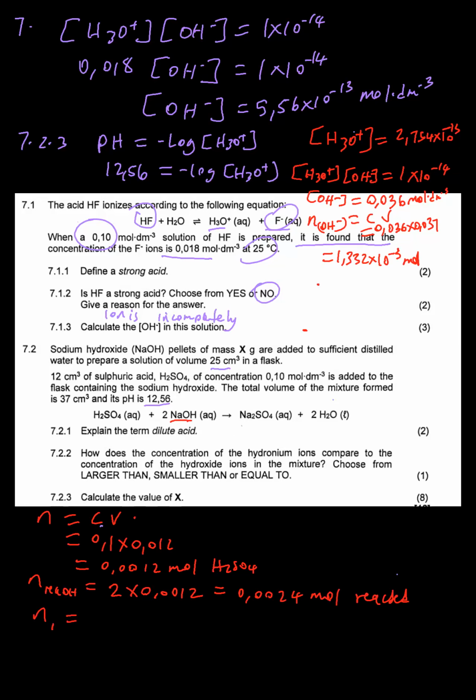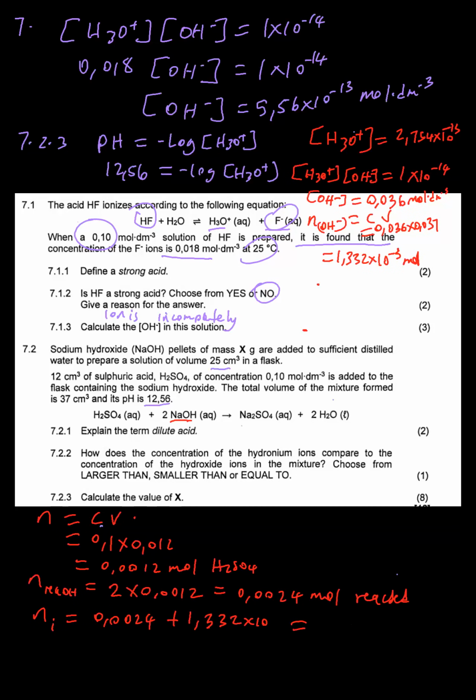The initial number of moles is the one that reacted plus the one in excess, which is 0.0024 plus 1.332 times 10 to the negative 3, and the answer is 3.732 times 10 to the exponent minus 3.